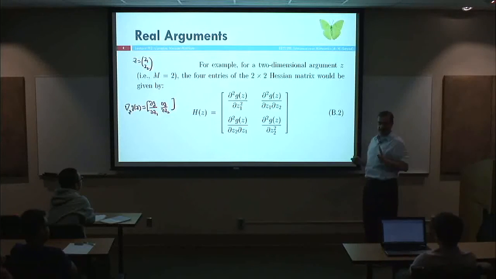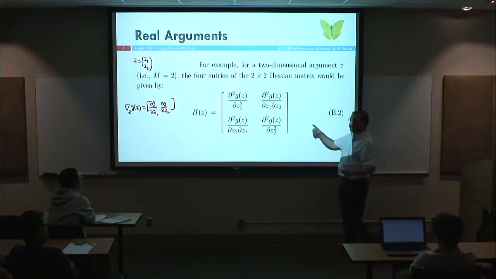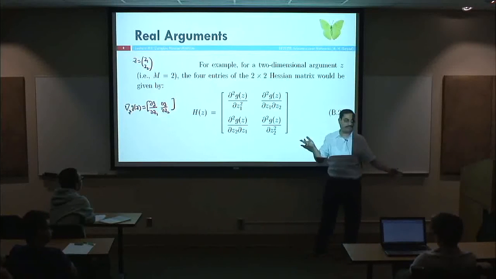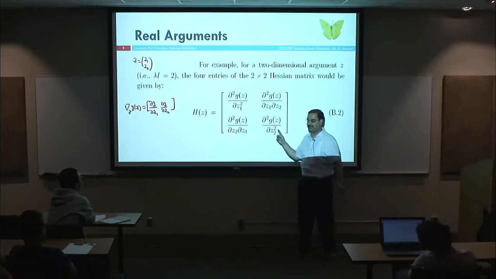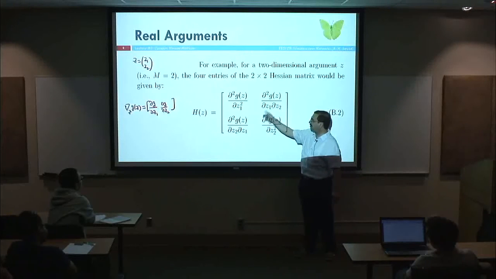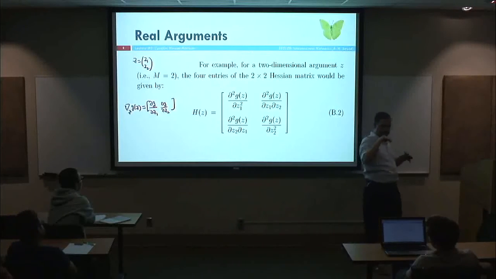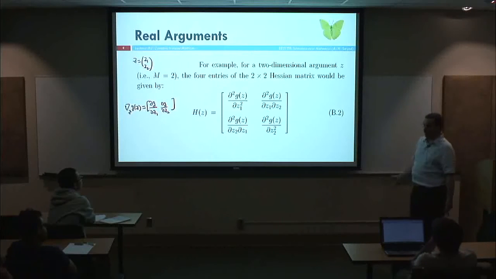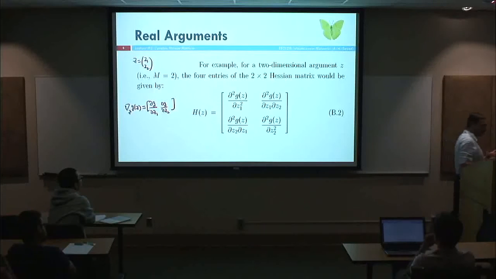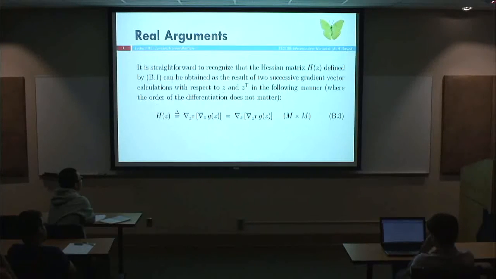It will be 2 by 2 in the real case. And it will contain all the second order partial derivatives. Second order relative to z1 and relative to z2 on the diagonal, and then the cross partial derivatives across the cross diagonal. Understood? This is the Hessian matrix. So it's not difficult. This is written down here for a two-dimensional vector, and then I have another example soon for, I believe, a four-dimensional vector.